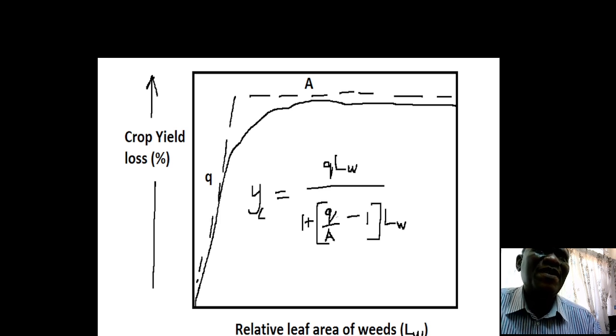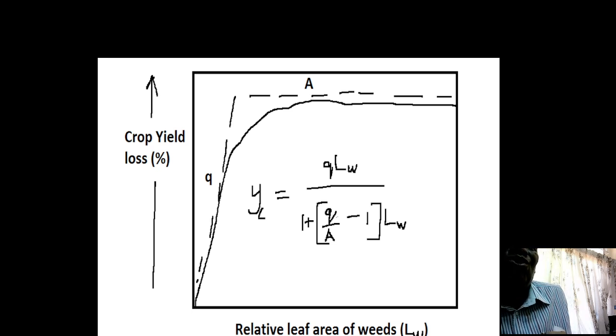You still have the maximum yield loss, which is A, but for the slope, instead of putting an I, they decided to call it a Q. According to them, their equation becomes YL, which is yield loss, is equal to Q, the slope, multiplied by relative leaf area, divided by 1 plus, in brackets, Q, the slope, over A, maximum yield loss, minus 1, in brackets, multiplied by relative leaf area of the weeds.